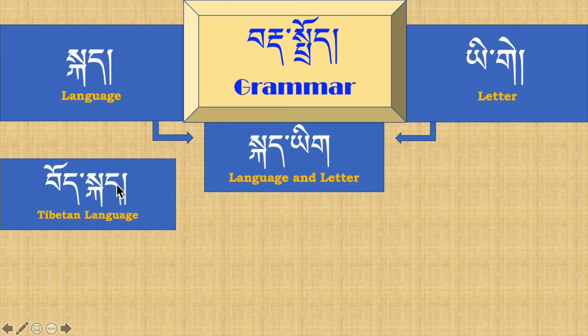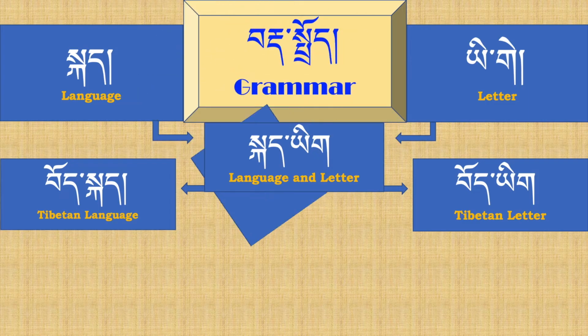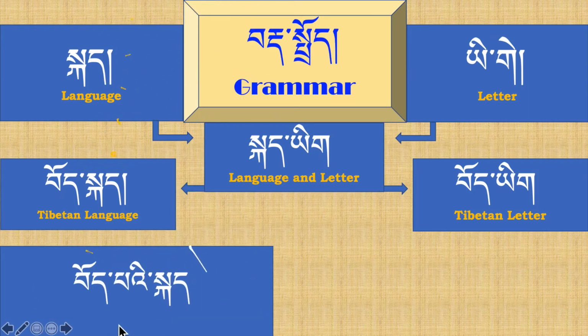And then when we make these two longer, it is Peke. Peke is Tibetan language. And then we have Peyig, Tibetan letter. Then we make a little longer version, Pepeke, Tibetan language.